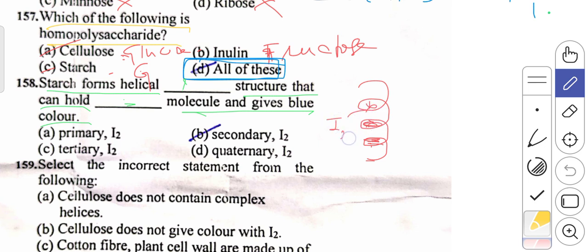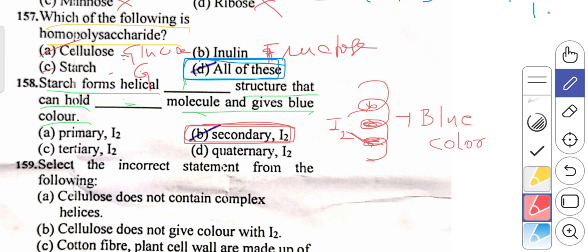Due to this special feature, starch always gives blue color. So starch forms a helical secondary structure that can hold I2 and gives blue color. This will be the right answer.